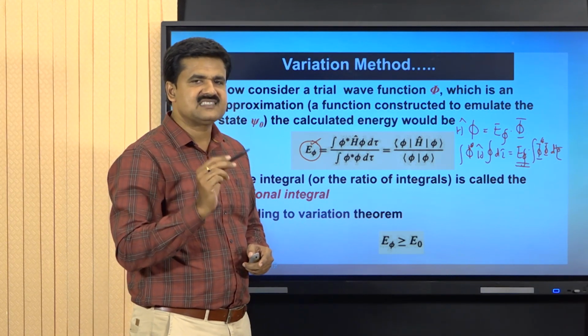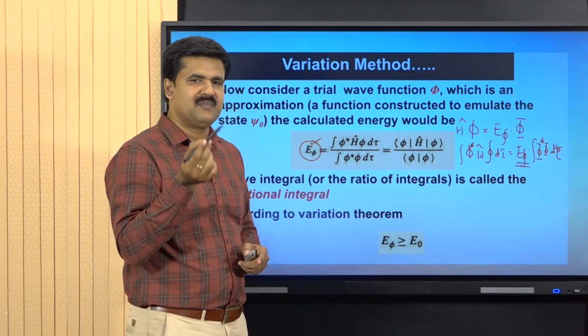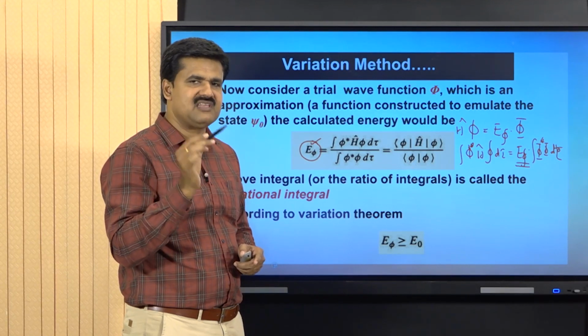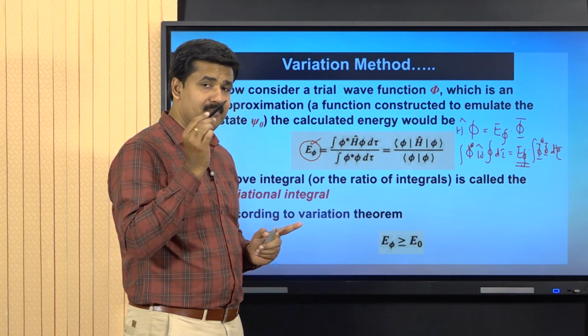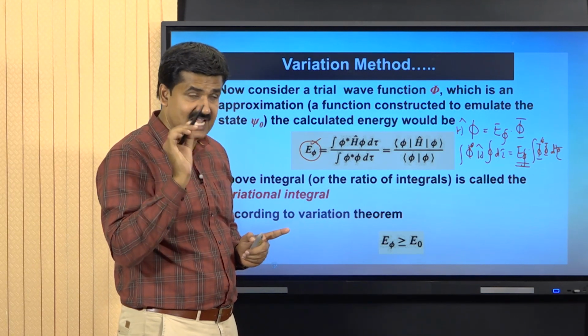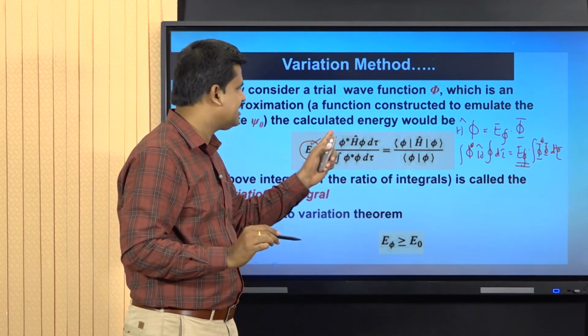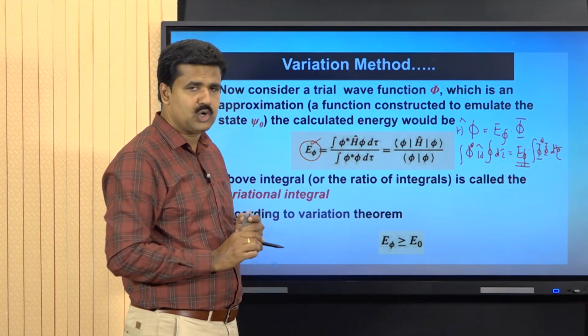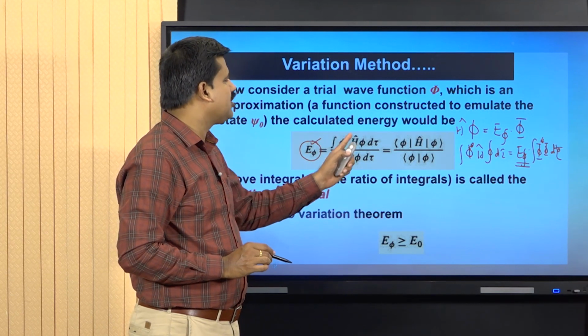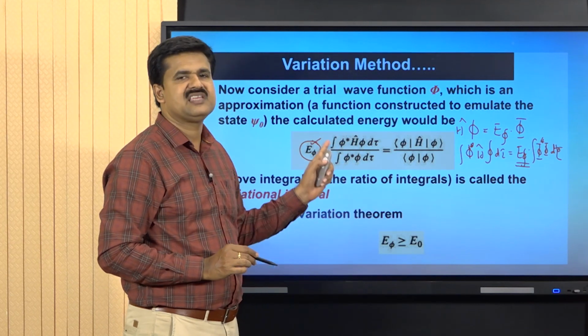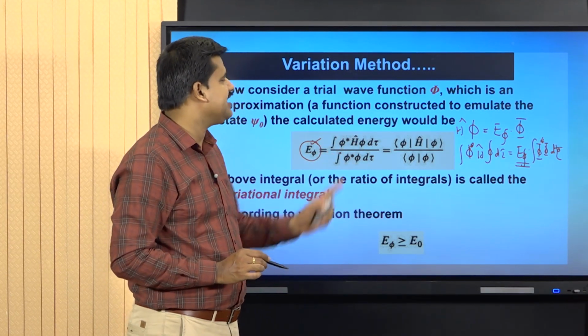E phi is the energy of the quantum mechanical system where we are applying the variation principle, computed by using the trial wave function phi with this expression: E phi is equal to integral phi star Hamiltonian phi d tau divided by integral phi star phi d tau.